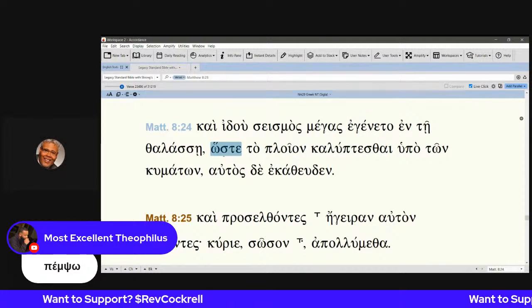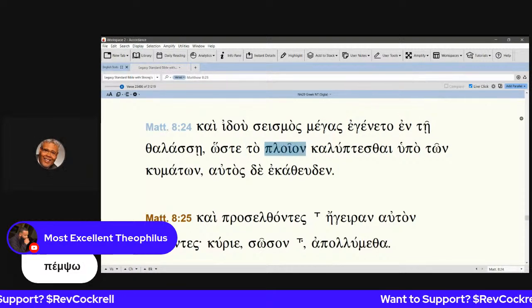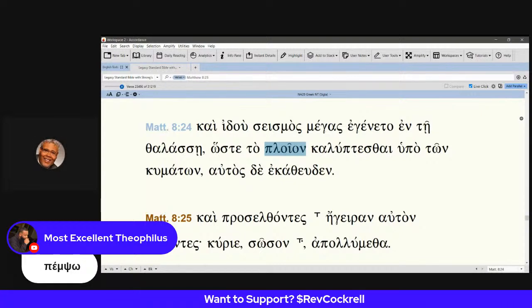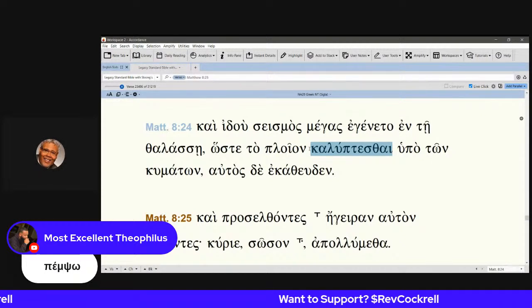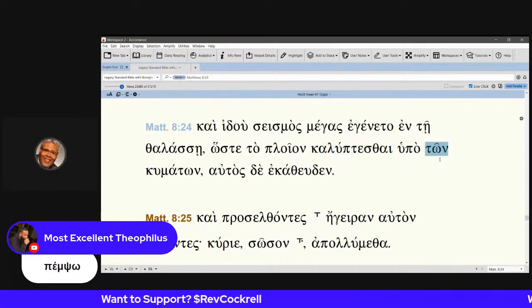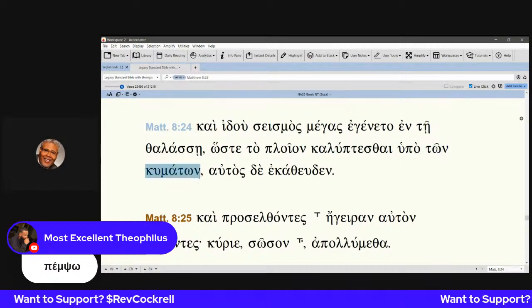Hoste, so that the boat that they were in, kaluptesthai hupo ton kumaton.